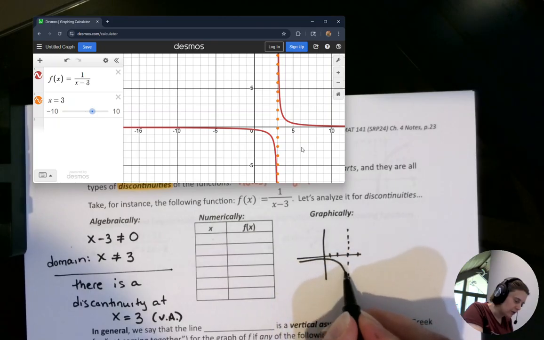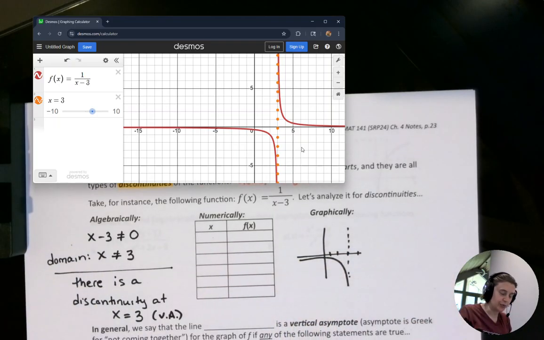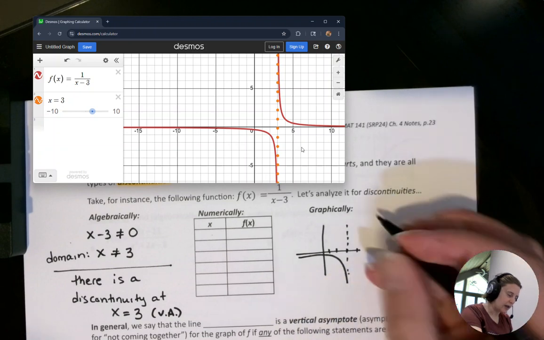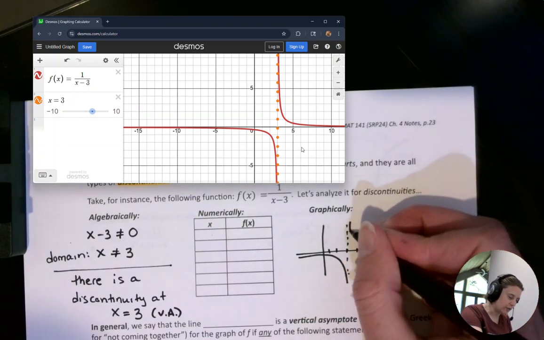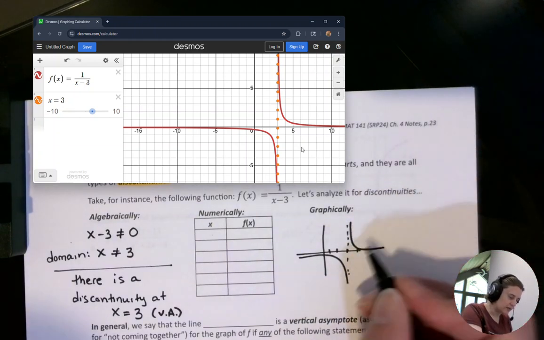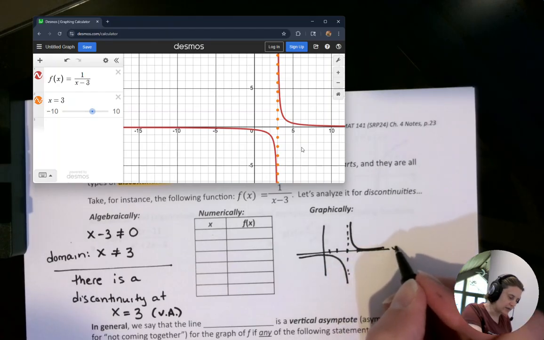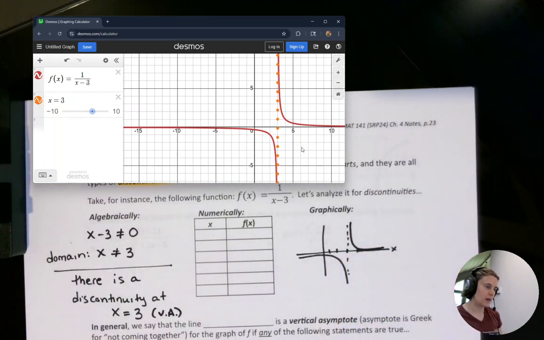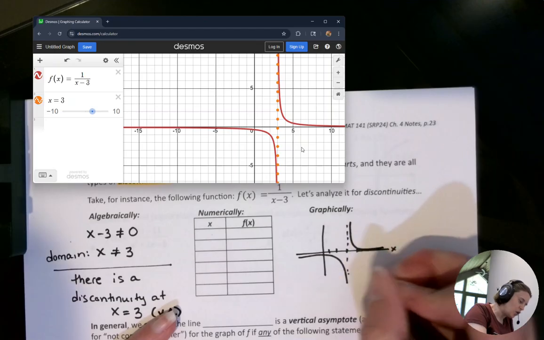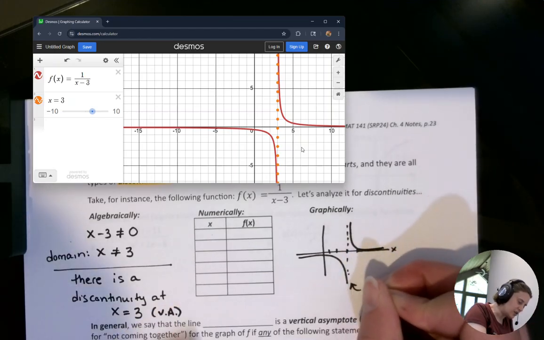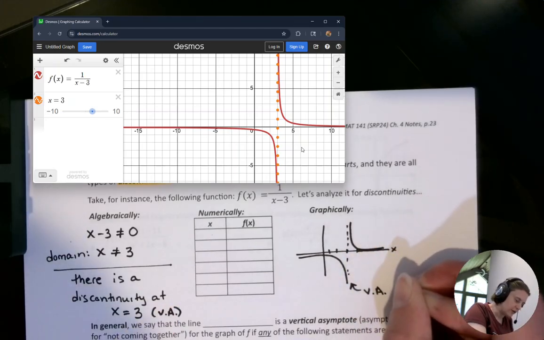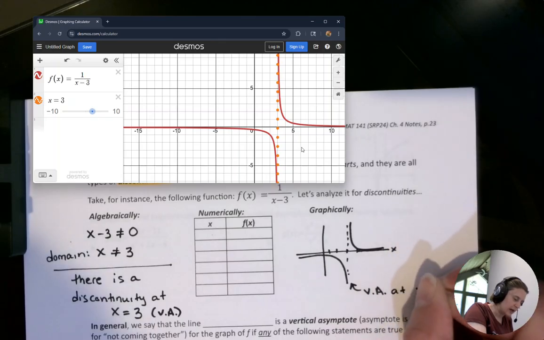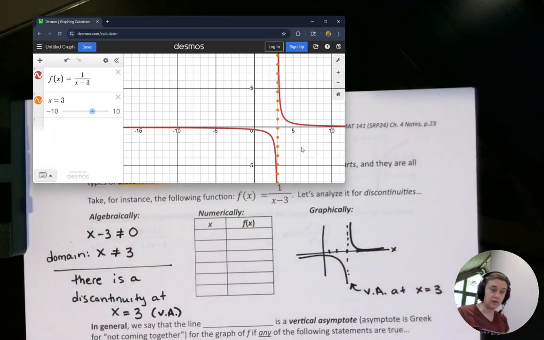The graph is going to go down towards that asymptote from the left side, and then on the right side, it comes down from the asymptote, and then it's going to approach the positive x-axis. Okay, so once again, we see that discontinuity as a vertical asymptote at x equals 3, and so we know that that is a discontinuity, so we can visualize that graphically.